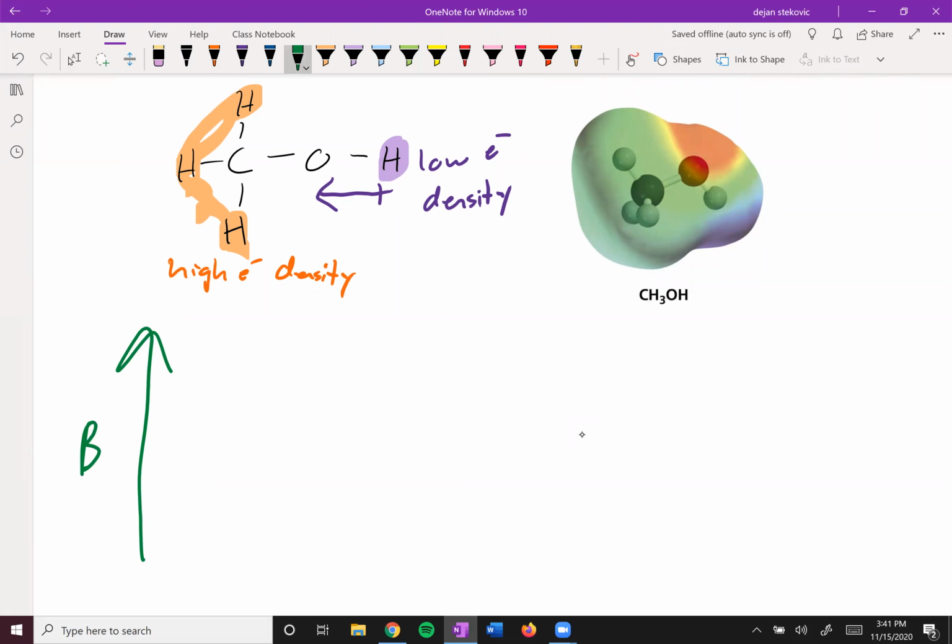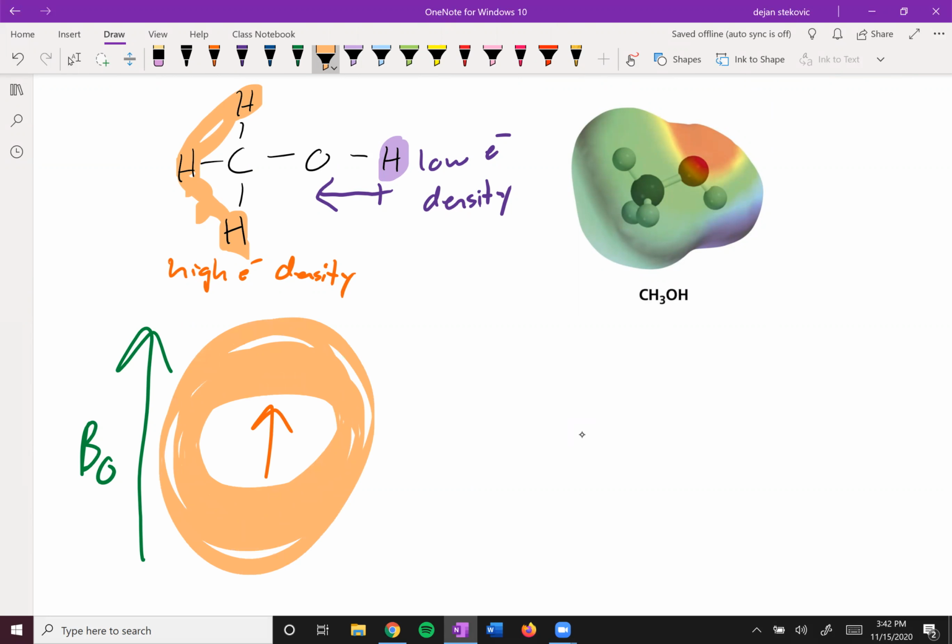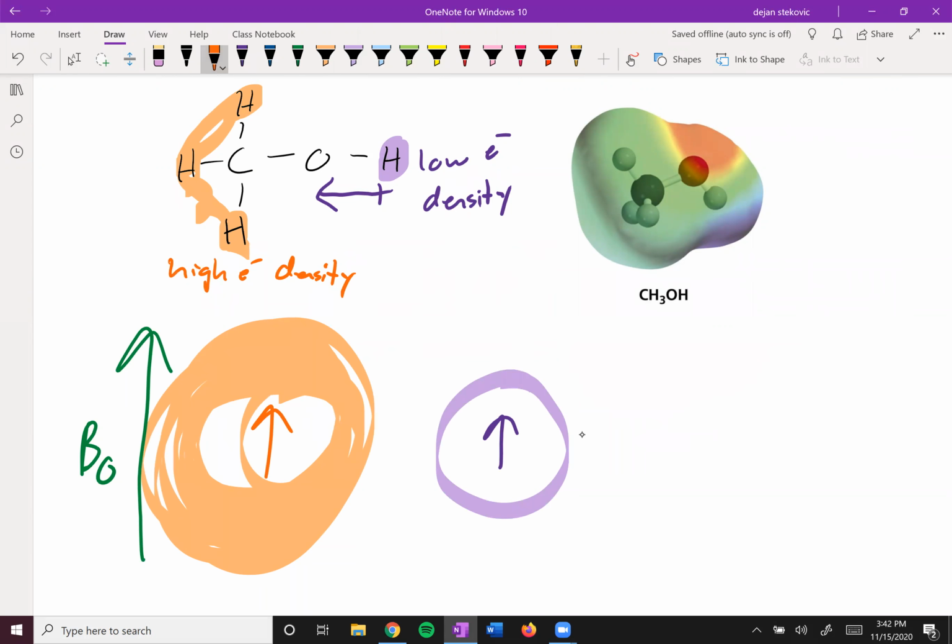And so we have our external magnetic field, and we have our nuclei with plenty of electron density around it, represented by this kind of yellow highlighted cloud I made. And then we have our other nuclei that has much less electron density on it. And so we say this is shielded, and this is deshielded.